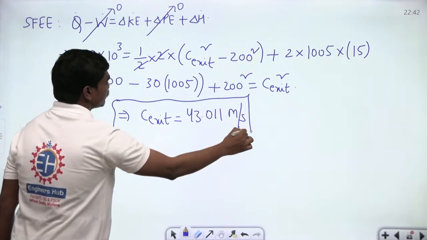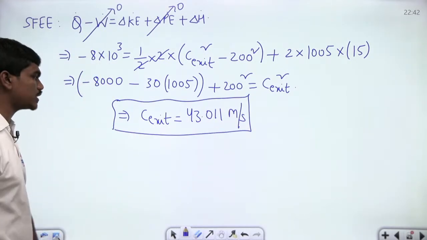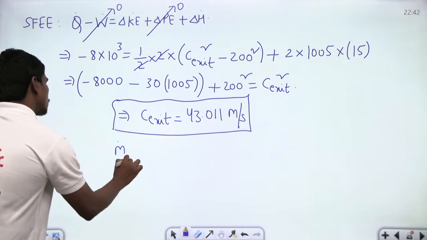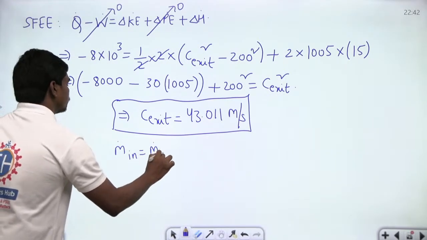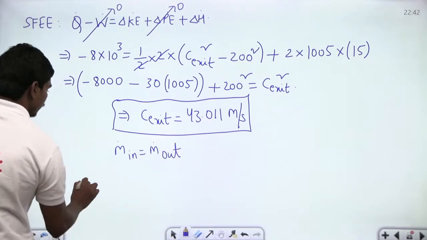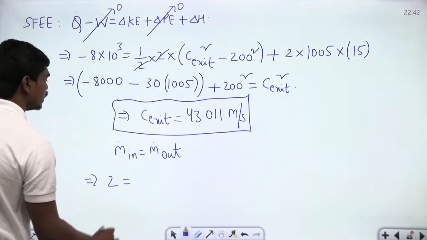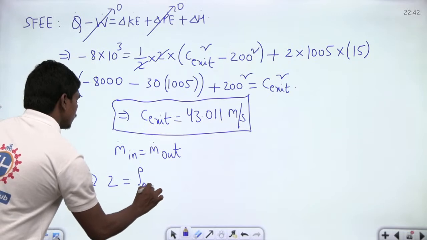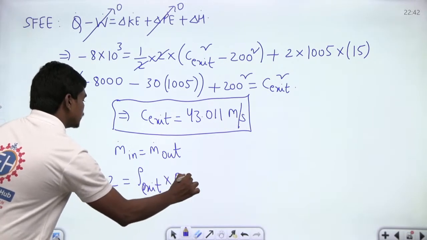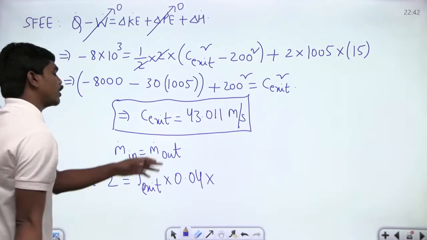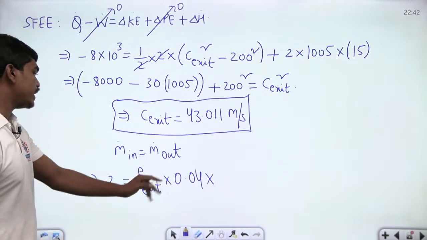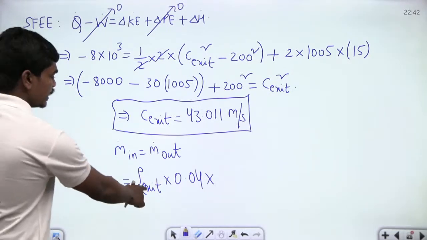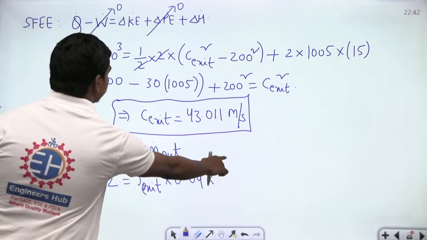Now, since mass flow has to be conserved, m dot in should be equal to m dot out. So 2 kg per second is flowing in. This is equal to density at exit into area of exit, which is 0.04, into the velocity. Rho A V, sorry, density into area into V. So this is the mass flow rate.